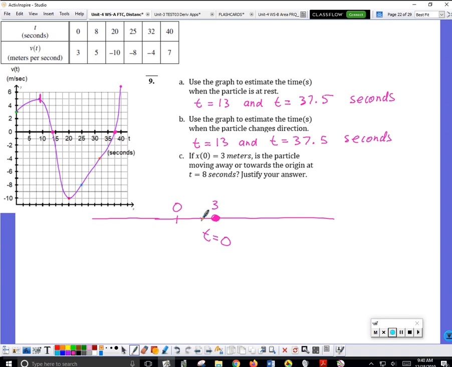The problem becomes a lot more complex because I have to figure out where is the particle at time 8? For example, if I can figure out that the particle is here at time 8 and it still has a negative velocity, say it out loud. Is the particle moving towards or away from the origin? Louder? I'm getting a mix here.